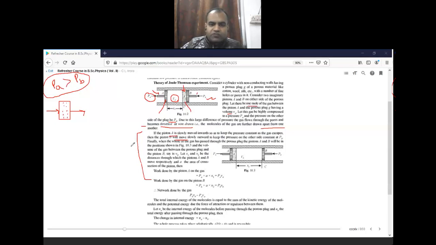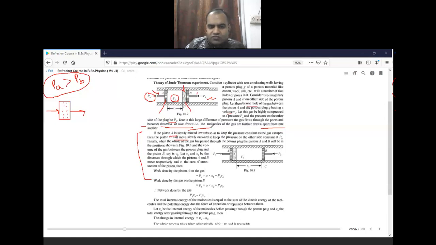So if the pressure is PB, we tend to maintain constant pressures on either side of the porous plug. In order to do that, this piston has to be pressed or moved inward very slowly. It should not be sudden.